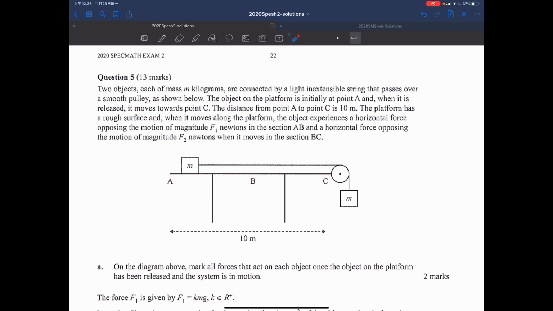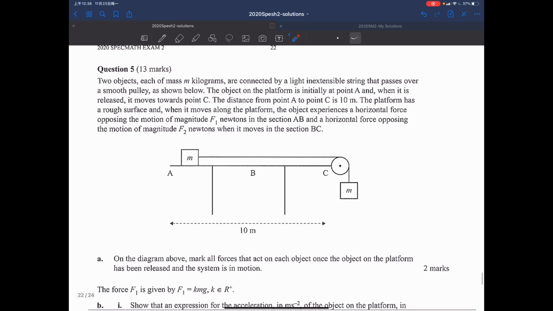Initially, I drew another M representing here to here, okay? The motion from here to here, but actually I realized there's no need to do so. So I just need to say, okay, this is mg. This is my reaction force, N, let's say Nm, okay?